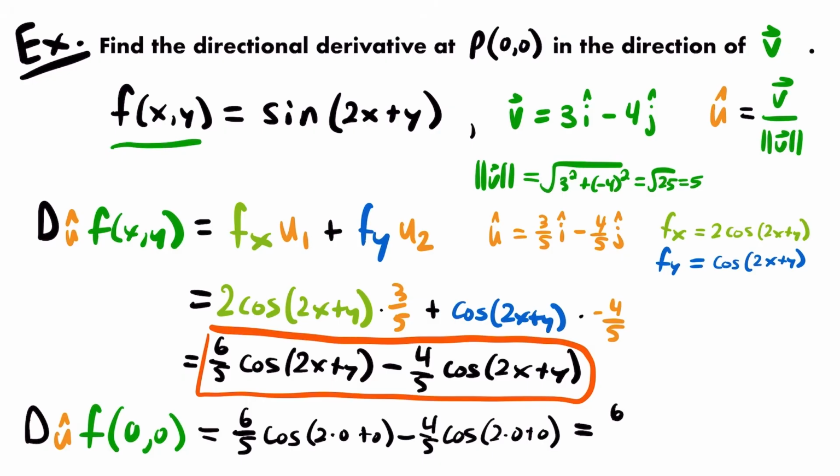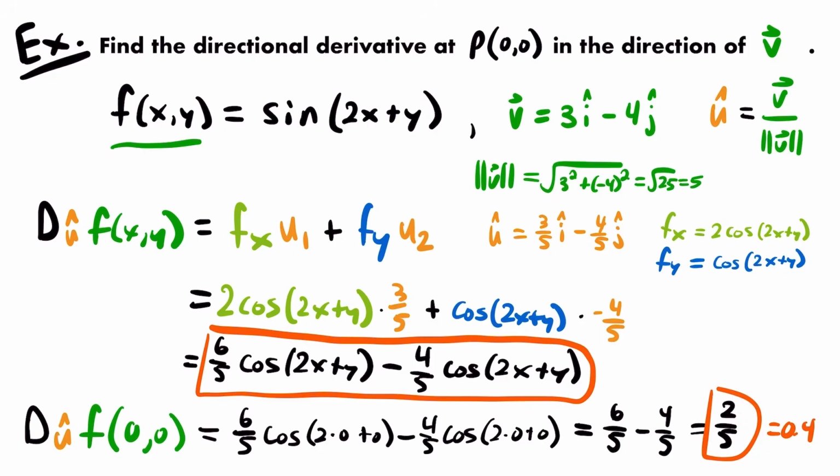So this just becomes 6/5 minus 4/5, and 6/5 minus 4/5 is 2/5, which would be the slope at that point on this surface in the direction of this vector v. Of course, 2/5 as a decimal is 0.4, so that would also be a correct answer. However you want to express it is fine.